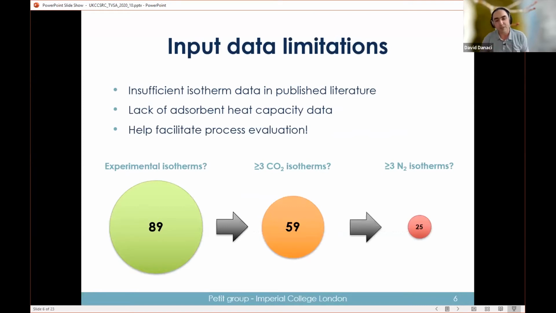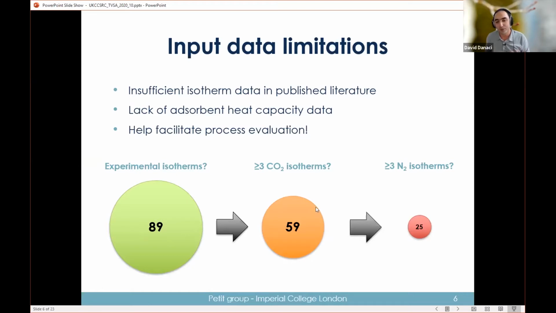Another problem that we face with this work is the limitation when it comes to input data. There's definitely a lack of published isotherm data in the literature. We found about 89 adsorbents, or around that mark, where experimental isotherms were reported in the literature.